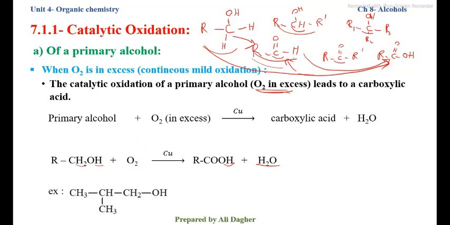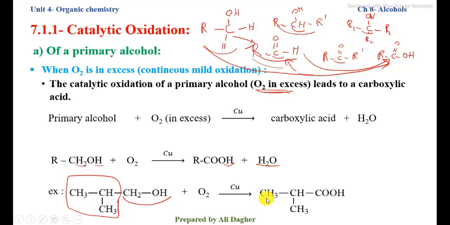Example: CH3, CH, CH3, CH2OH plus O2. This is the functional carbon. We transform it into a carboxyl group. The R alkyl group remains the same. We obtain CH3, CH, CH3, this is R, that remains the same. We transform the CH2OH into COOH.